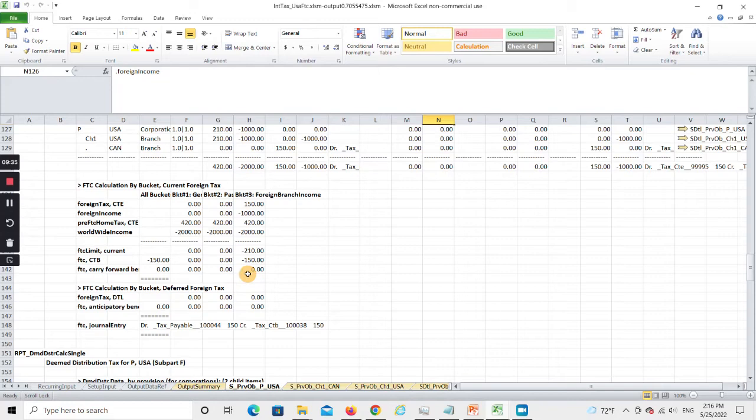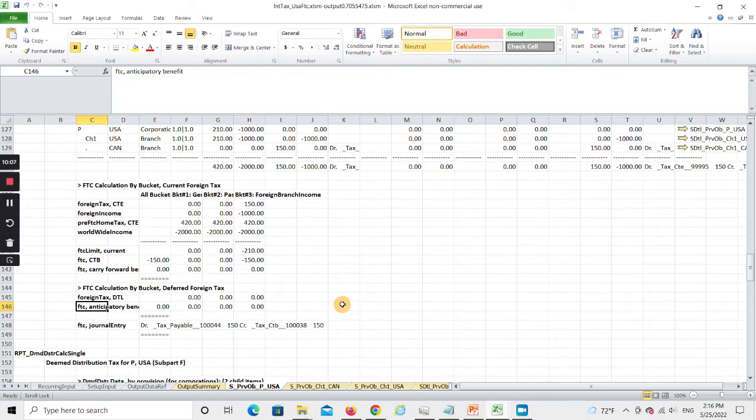We have nothing to carry forward, so for the deferred tax benefit, there's nothing. And there is also this anticipatory benefit that the engine had been considering. This, in essence, is for the situation where the foreign branch, the Canadian branch, had a deferred Canadian tax.